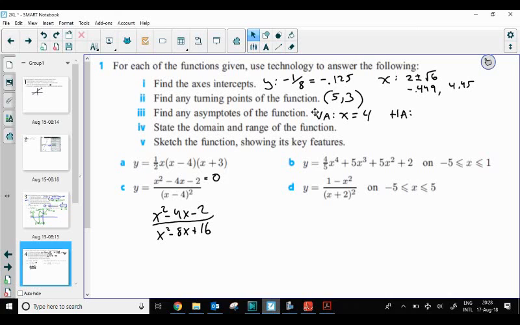Again, I think about what happens when x gets really, really big, as x goes towards infinity. What's happening to the y value here? I don't really care about -2. If I subtract 2 from some really big number, it really doesn't matter. I also don't really care about the 16, so I can ignore those.